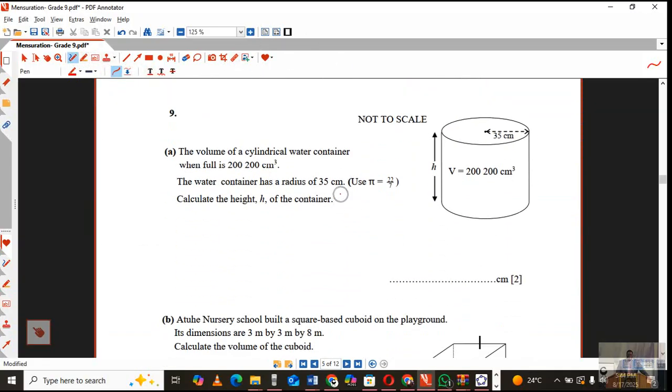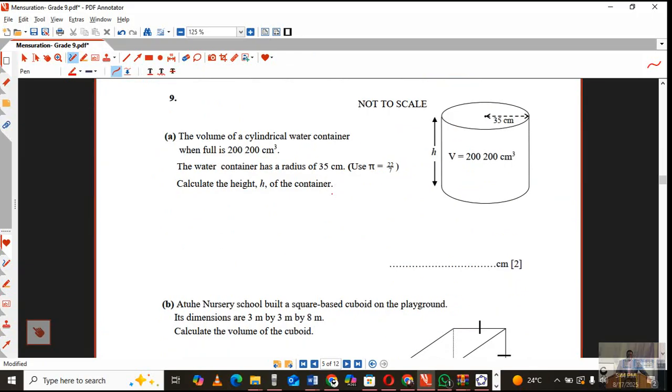Question 9, they're saying the volume of a cylindrical water container when it's completely full is 200,200 cubic centimeters. The water container has a radius of 35 centimeters, and for pi, you continue to use 22/7. Now we're supposed to find the height. The volume of a cylinder is pi r squared times the height.